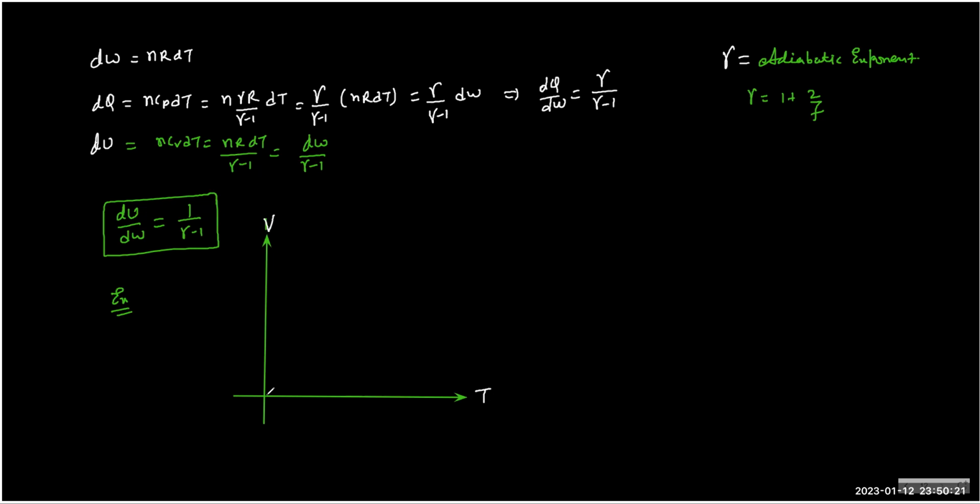First of all, you need to identify this. The first difficulty is, when you see a VT graph and the graph is passing through the origin, you must realize which process this is. If you get this, then you can solve this question.